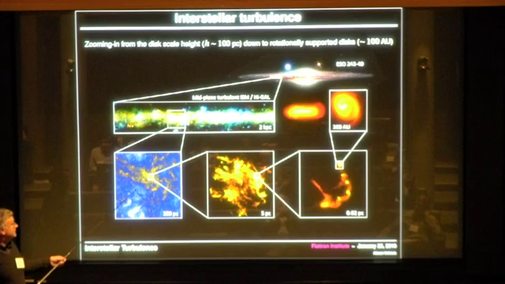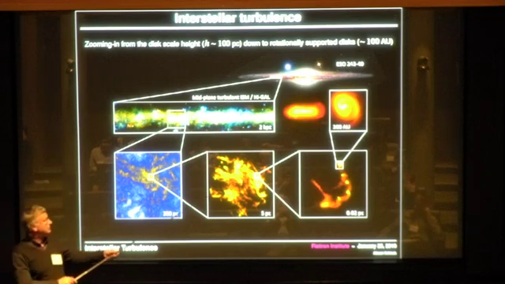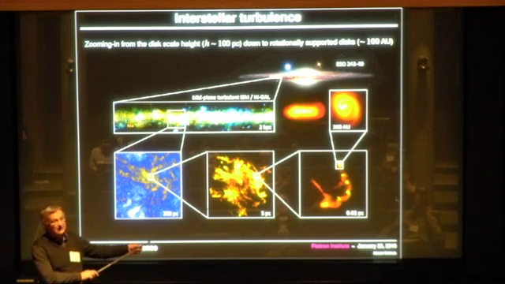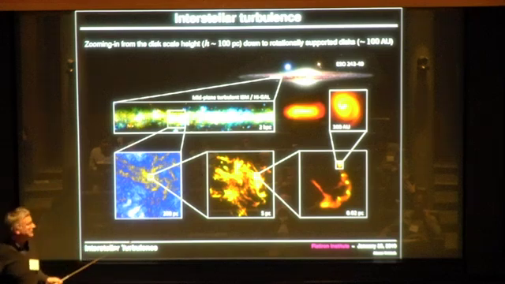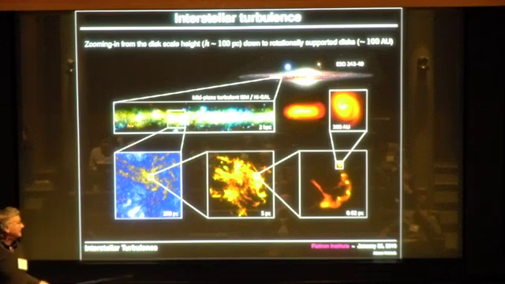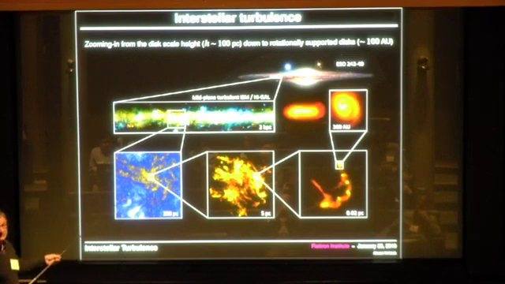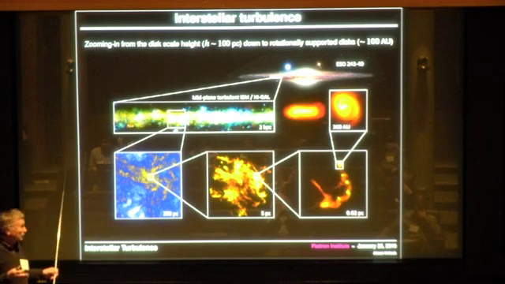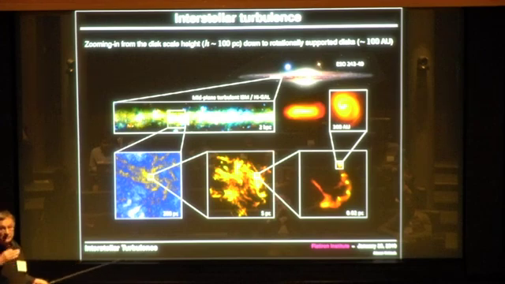This turbulence is quite different from what we and many other people have previously done in the isothermal approximation, because it includes different phases: the warm phase, WNM, CNM, and all the thermally unstable regimes in between.